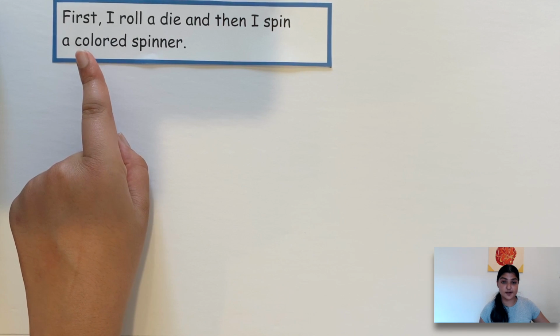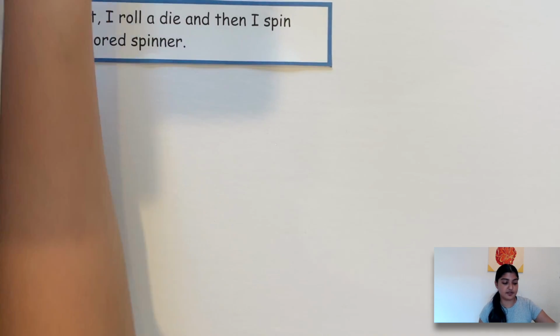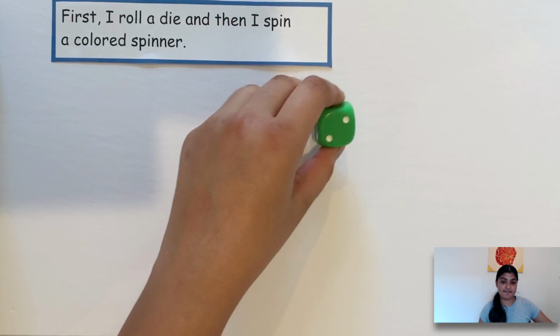Now that we've solved questions involving coins and cards, let's solve more questions, but this time using dice and spinners. First, I roll a die and then I spin a colored spinner. Here we have our dice.